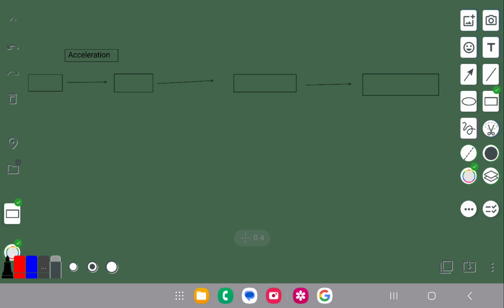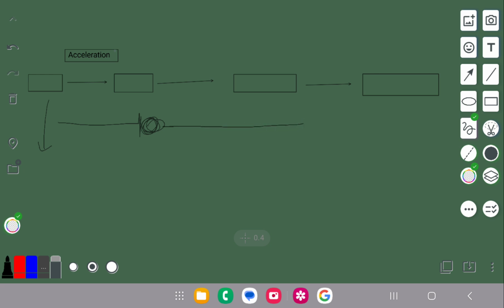Let's take a different scenario. Let's take the speed of this object, which was here and was the same till here, and then the object increased its speed in this period of time, and then it had the same speed for this whole period.